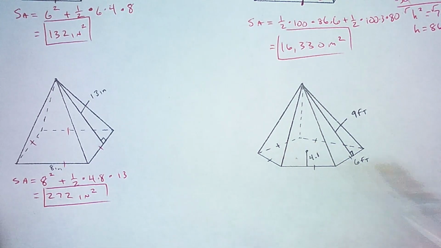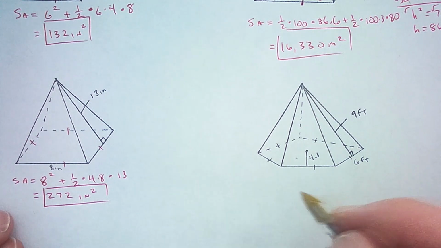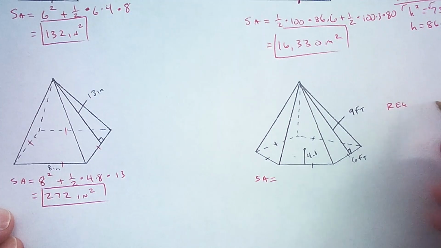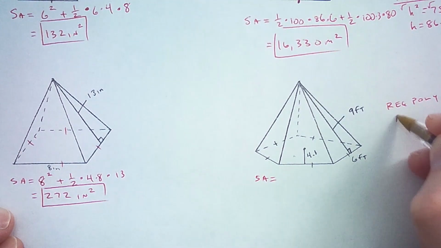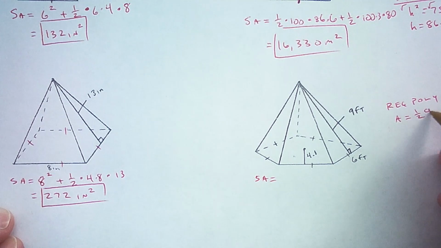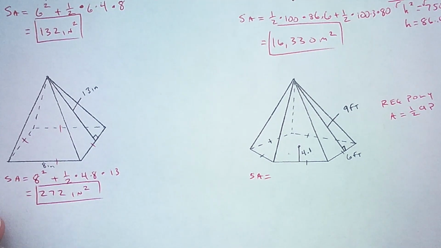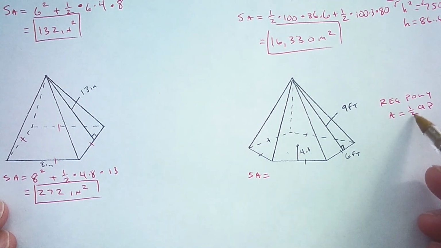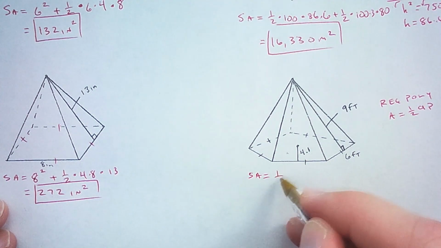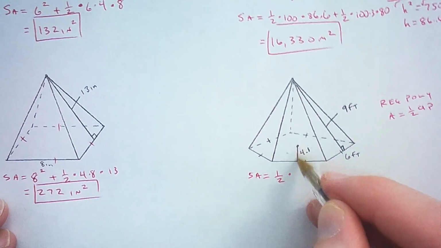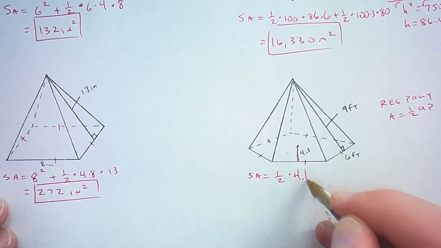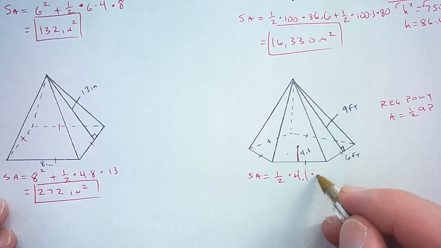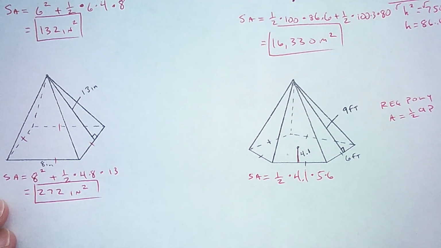Here we have a pentagon, so we will use the regular polygon formula. For a regular polygon, the area is 1/2 times apothem times perimeter. So the area of the base, capital B, is 1/2 apothem times perimeter. That's 1/2 times, here's the apothem, 4.1, times the perimeter. There are 5 sides, each one is 6, so 5 times 6 is the perimeter.